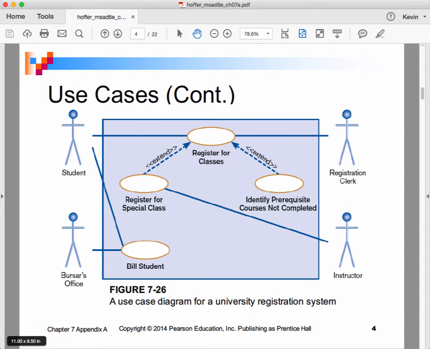Martin Fowler, who is a writer, soothsayer, general smart guy about all kinds of things having to do with information technology and systems analysis and design. He believes that this feature where we can have relationships between the use cases is the place where people get the most fouled up when they're just learning to use the use cases.